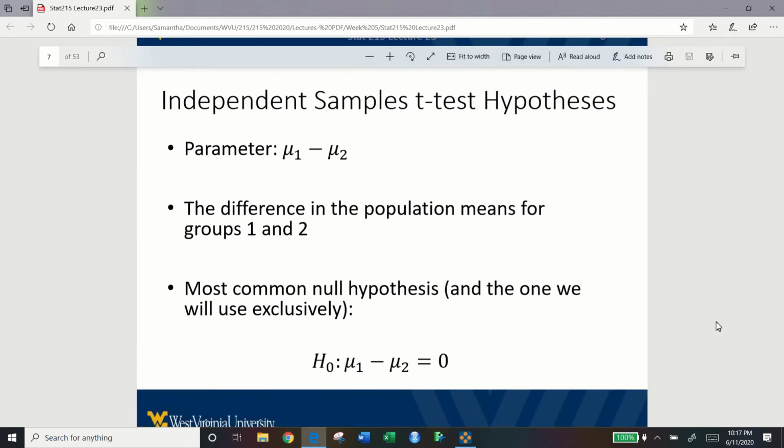Let's begin by examining the two-sample t-test. Our parameter of interest is mu1 minus mu2, that is, the difference in the population means for groups 1 and 2. The most common null hypothesis, and the only one we'll examine in this class, is the null hypothesis of mu1 minus mu2 equal to 0.